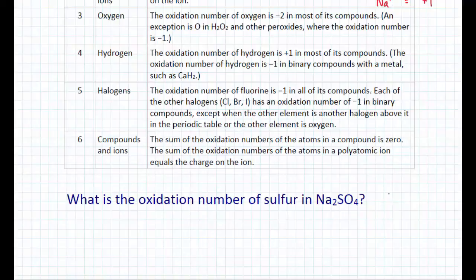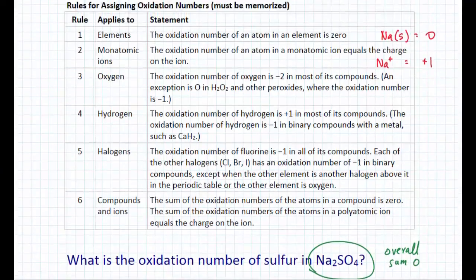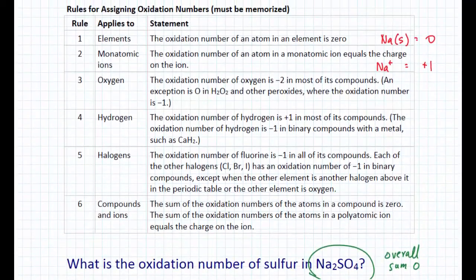Well, let's look at this. This whole thing is a compound. Okay? So overall, the sum of all of those oxidation numbers will be what? Overall. Okay. It's not really a memorization thing.